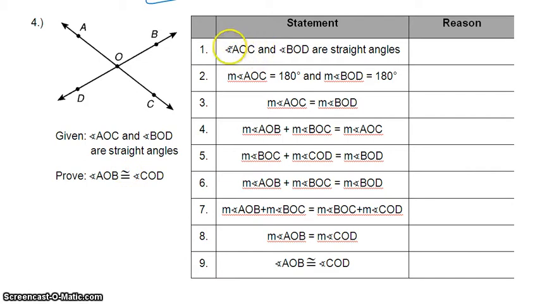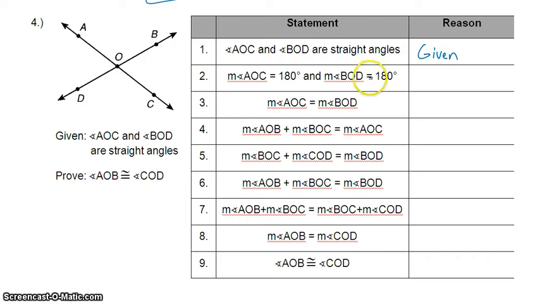Step 1. These two angles are straight angles. That's my given. And what do we know about straight angles? Well, if we measure a straight angle, its measure is going to be 180 degrees. So the measure of AOC equals 180 degrees, and the measure of BOD equals 180 degrees.